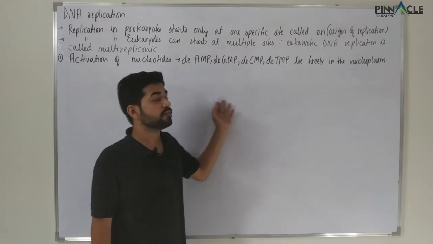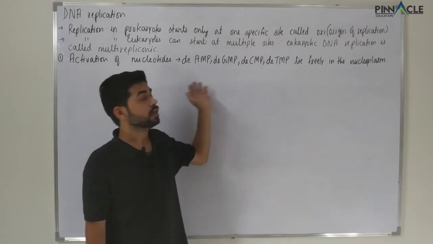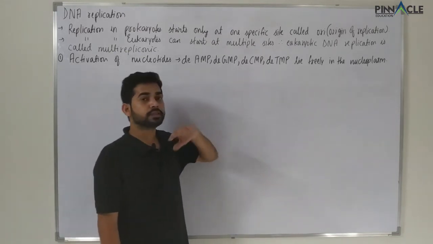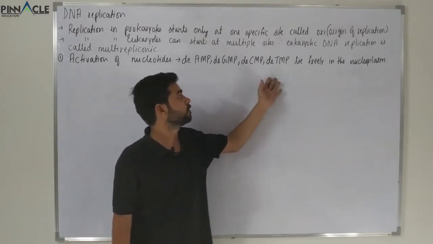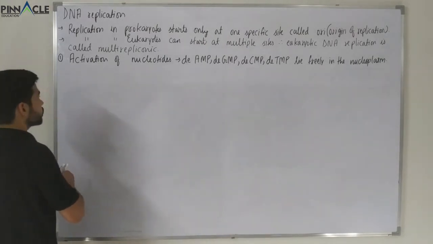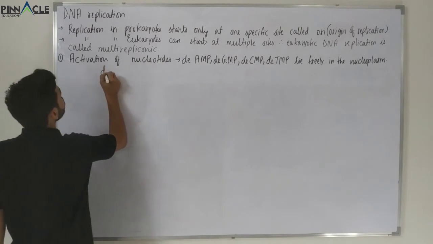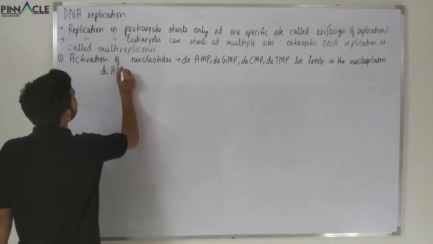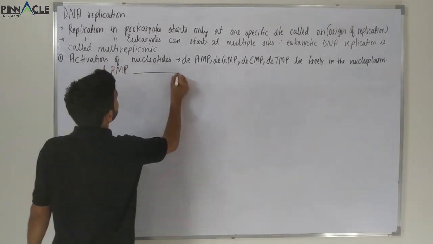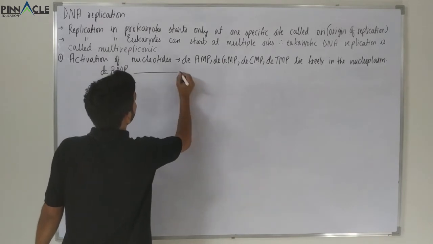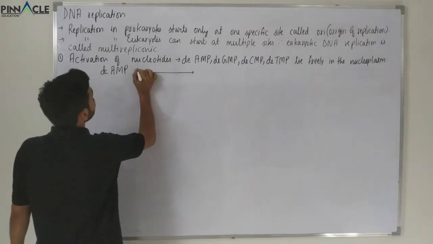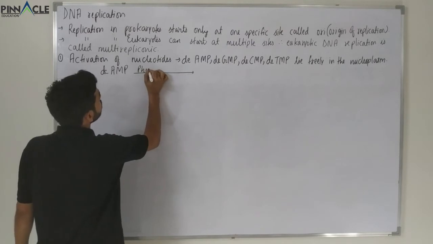So first of all they will be activated and changed into the triphosphate form. That NMP will be converted into its active form with the help of phosphorylase.